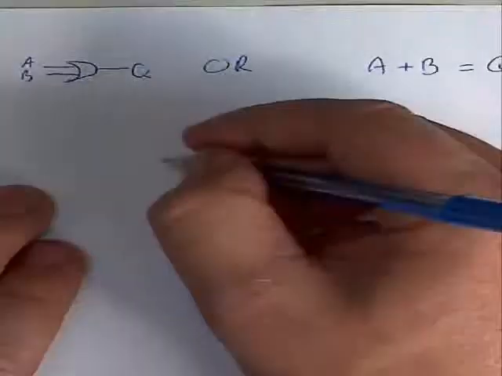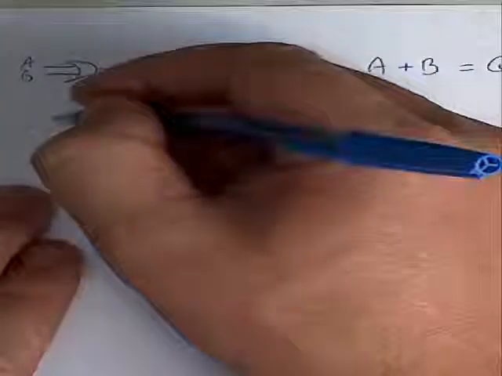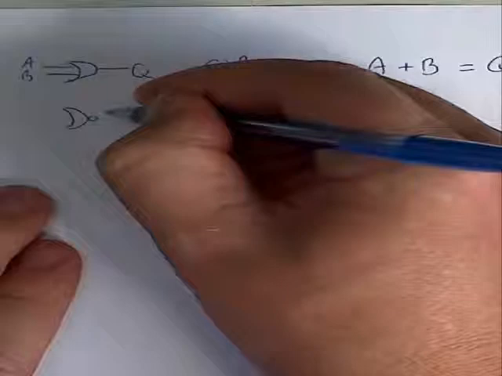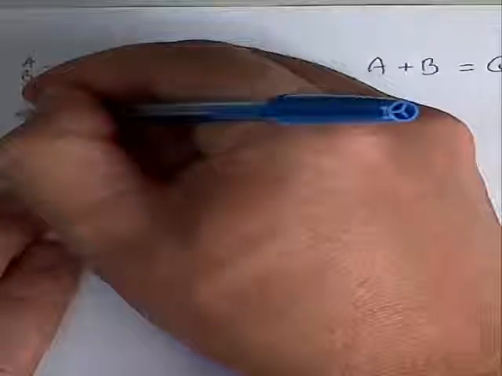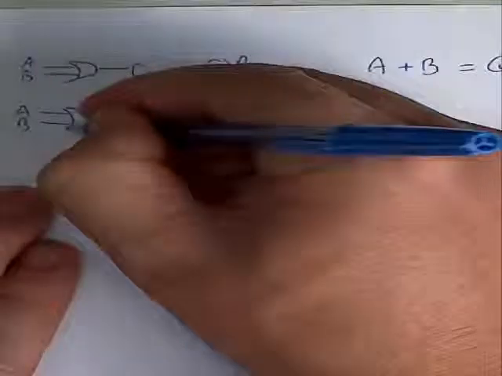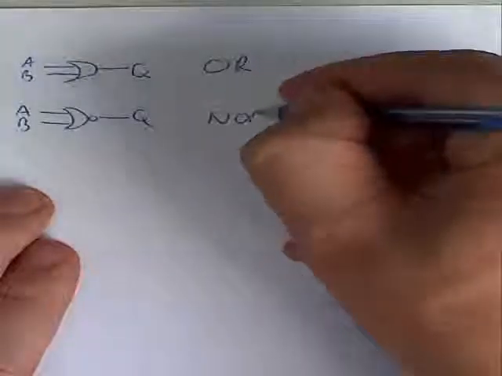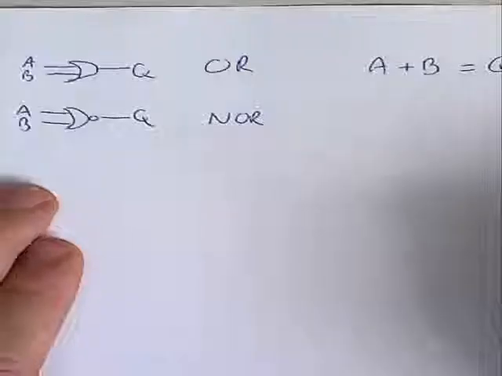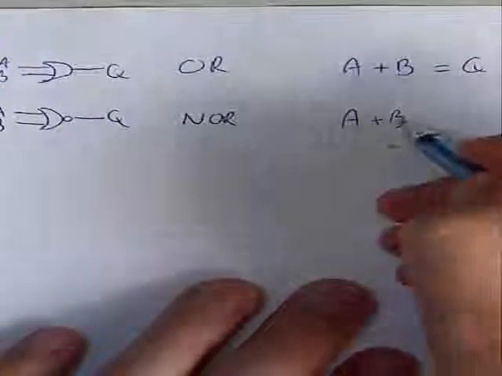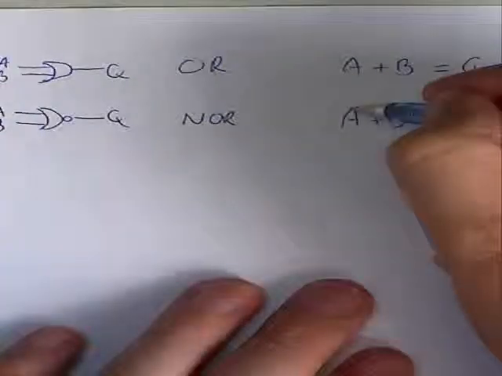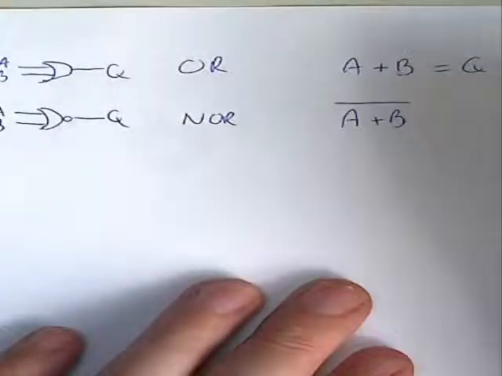Similarly, we can have a NOT on the output of this, so it becomes A NOR B. This is a NOR. Again, A or B, and then I'm going to take the inverse of the whole thing, so I put a bar across the whole lot.